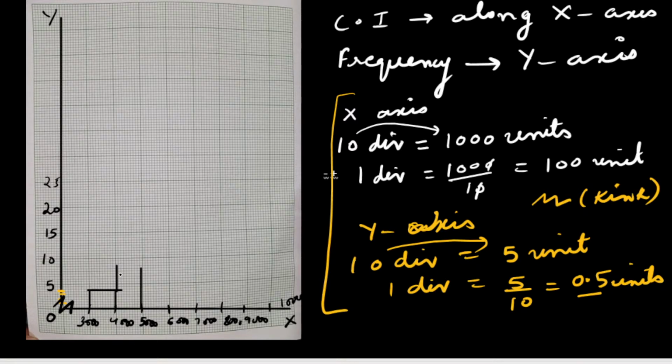So here I'll just draw like this. 18 will be 2 units below 20.